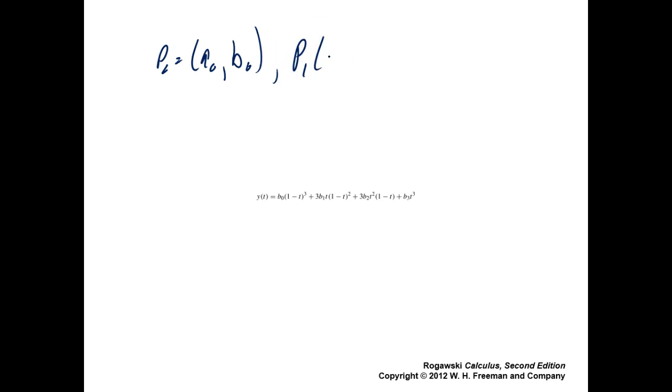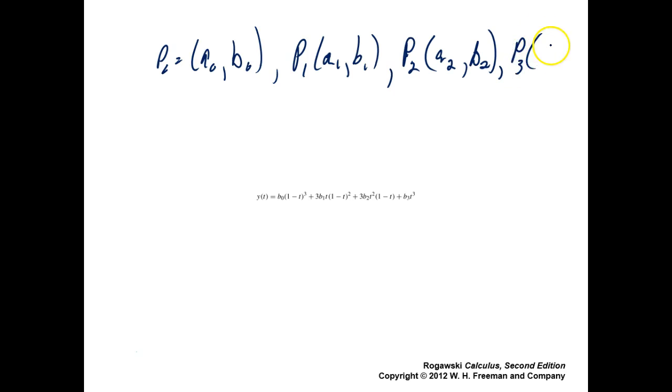P1 would be A1, B1. P2, the second point, is A2, B2. And the third one, P3, it's the fourth point, A3, B3. Okay, so that's where the coefficients came from. They were actually the corresponding coordinates of the 4 points that you're dealing with.